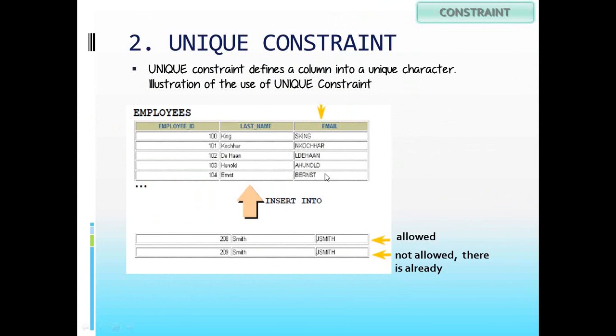Every data is different because it's unique. If we enter this, it's allowed because there is no data with the same value. But if we put it in again, it won't be allowed. There is already one.